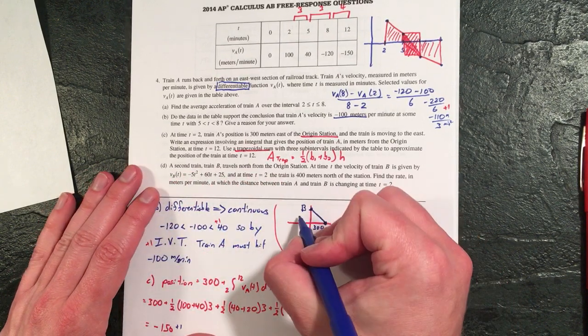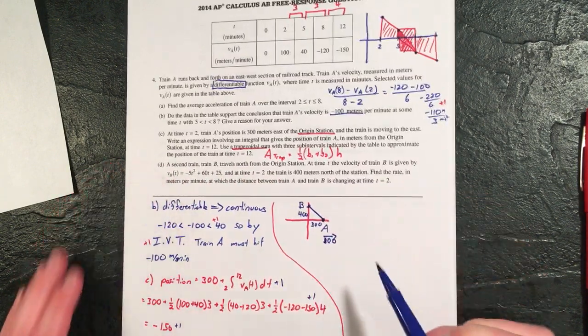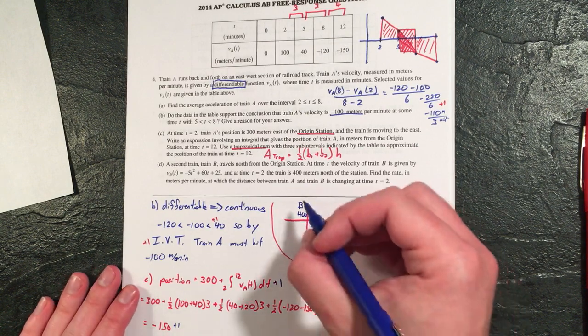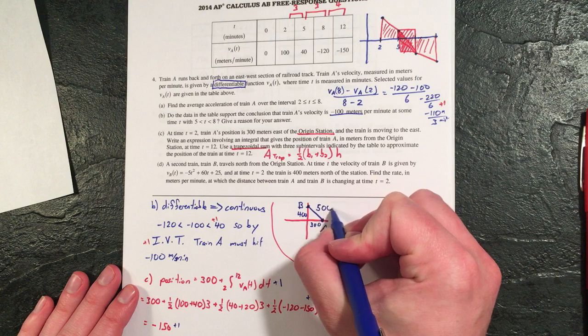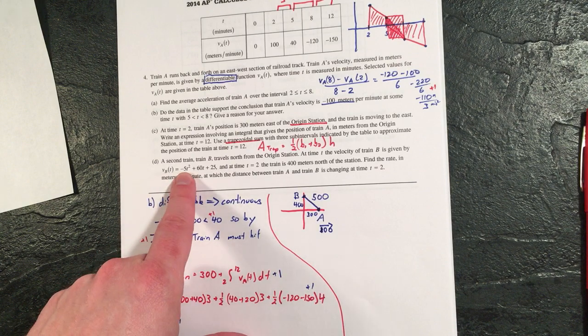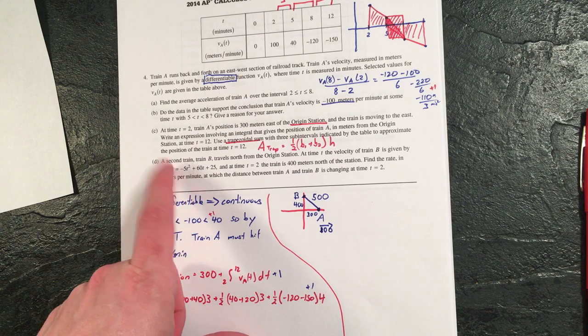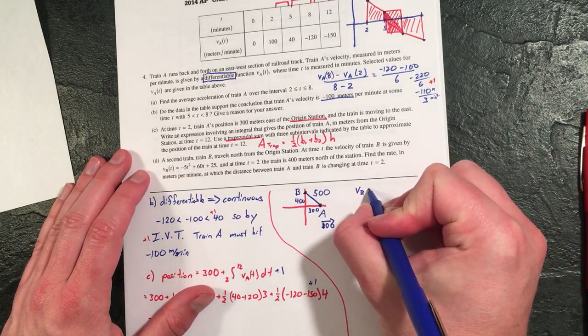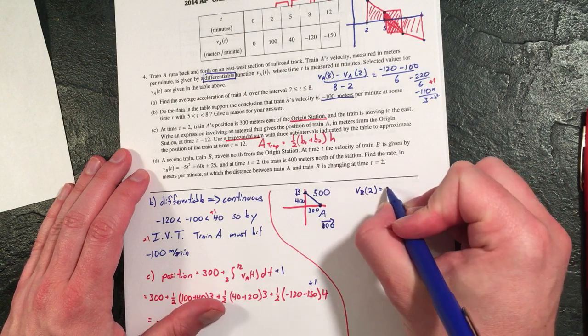B is 400 north, and hopefully you're seeing this. You see 300, 400, like, oh, we've done a bunch of these. I know the distance here is 500, a little Pythagorean triple there. But we need to know what the speed of this train is, train B. So let's put in 2 here.